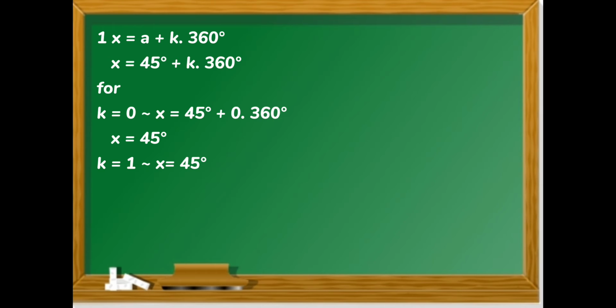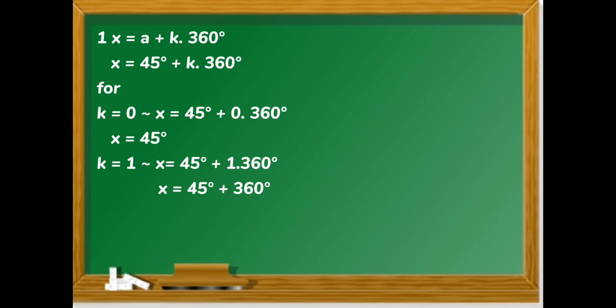Okay, then we try k equals 0, we get x equals 45 degrees plus 0 times 360 degrees. The result is x equals 45, because 45 degrees is in the range 0 to 360, so it satisfies the equation.